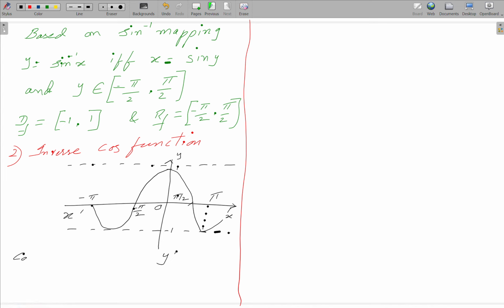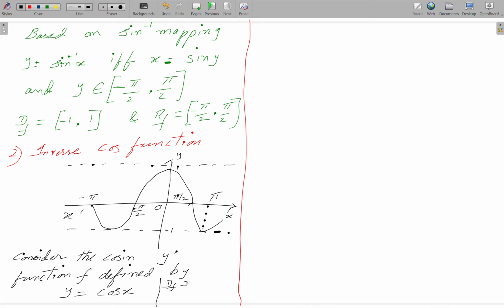Now consider the cosine function f defined by y is equal to cos x, then domain of f is equal to R, range of f is equal to -1 to 1.